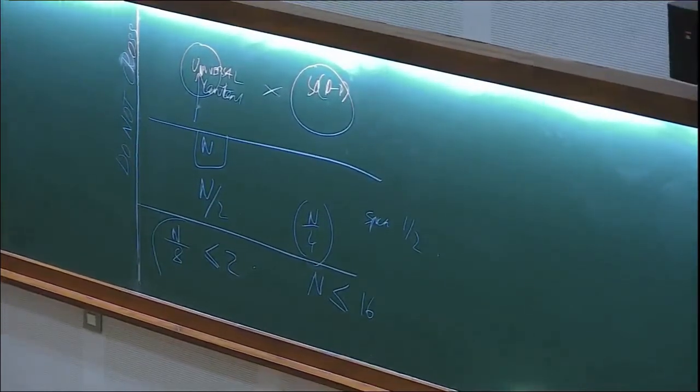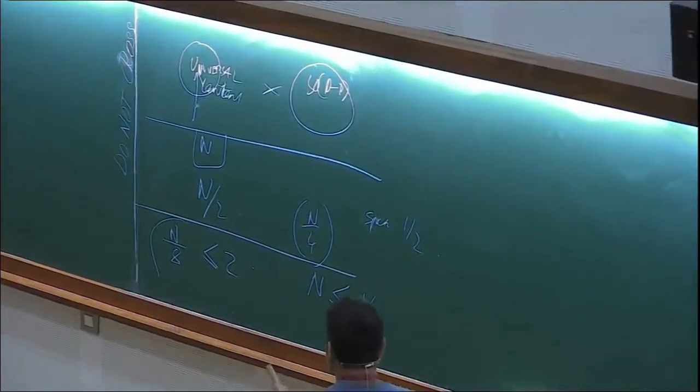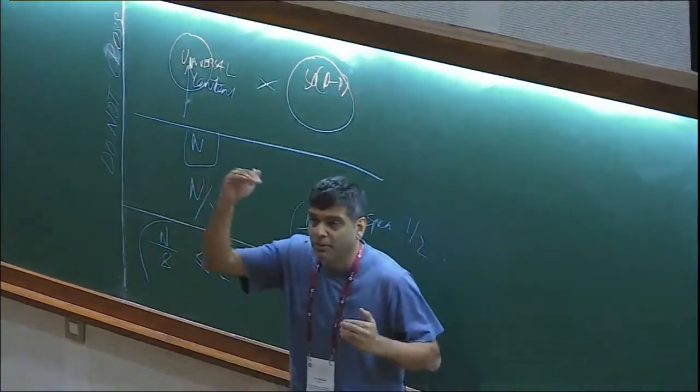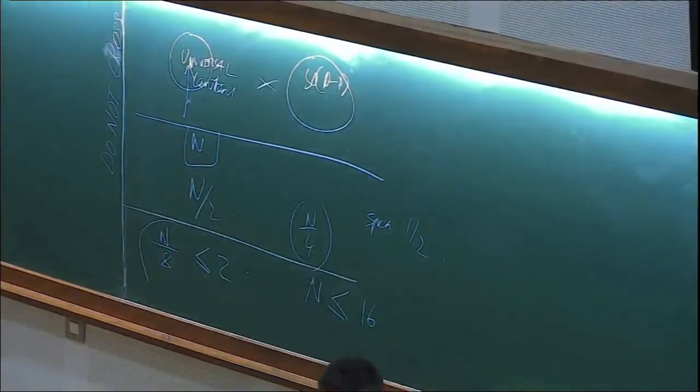And so, if we want particles of no more than spin 1, we cannot deal with a theory with more than 16 supercharges. Any such theory will always have massless particles of spin greater than 1. Now, why am I obsessing with massless particles of spin greater than 1? I mean, what's special about 1? What's special about 1 is the following.